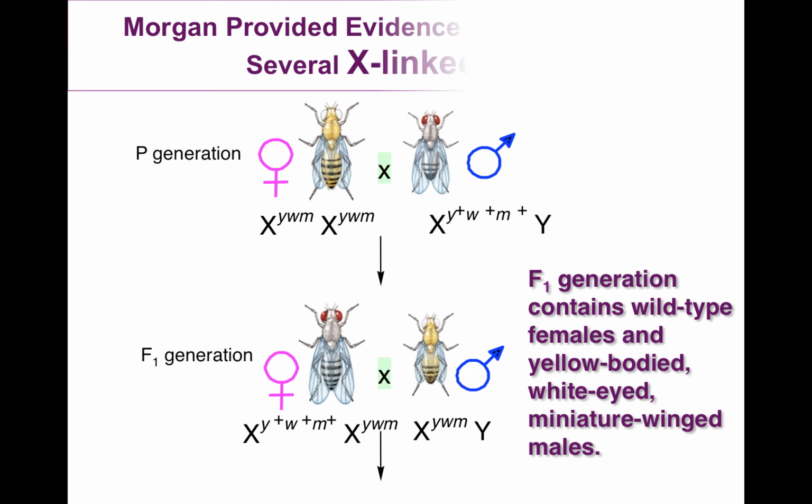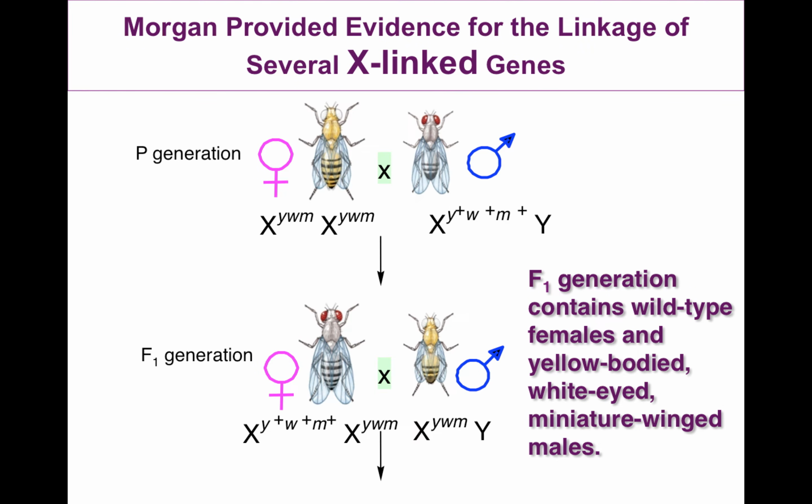Okay, what about the fly? Thomas Hunt Morgan provided a lot of evidence for the linkage of several X-linked genes. He followed many different phenotypes that were mapped to the X chromosome. Here we have a female fly that is yellow-bodied, white-eyed, and has miniature wings.